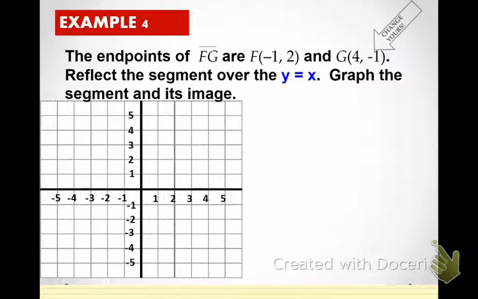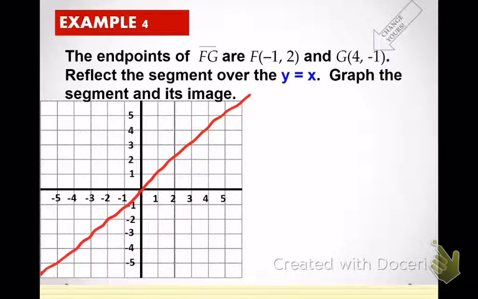All right. Now, see if you remember. We're reflecting across the line y equals x. That's the diagonal that slopes upward. There's our diagonal, y equals x.